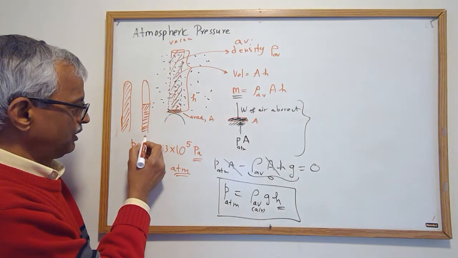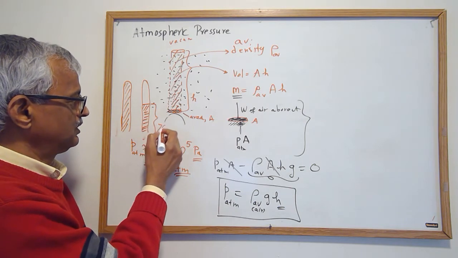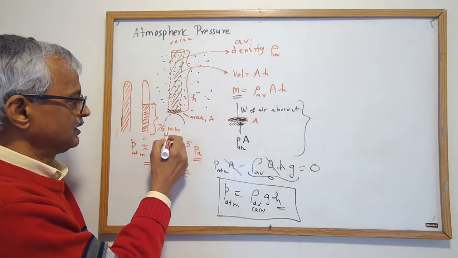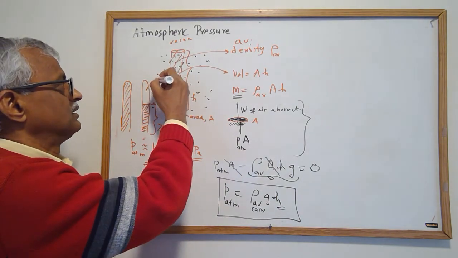So atmospheric pressure is pushing up, and this is 76 millimeter of mercury. So it won't completely empty out, and there's a vacuum up there.